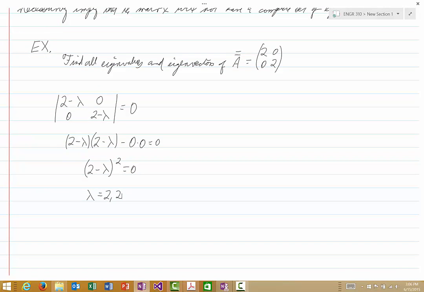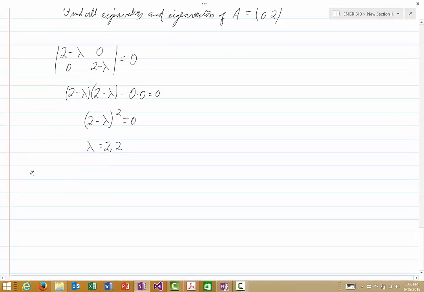Now, for the previous matrix, we saw that it did not have a complete set of eigenvectors. It only had one linearly independent eigenvector. Let's see about this one. So let's find the eigenvectors of this matrix.